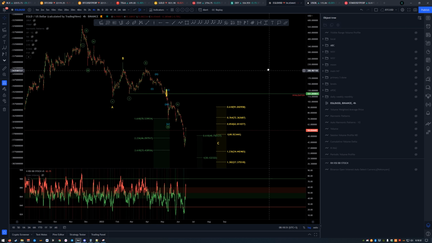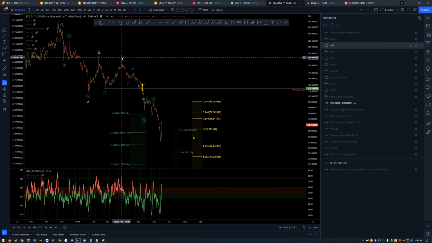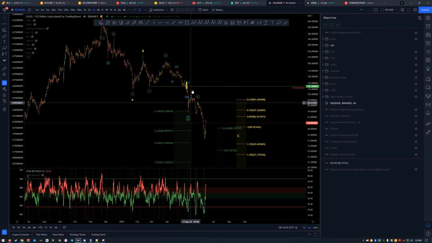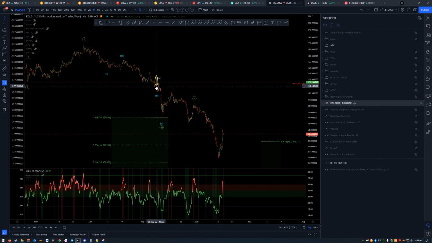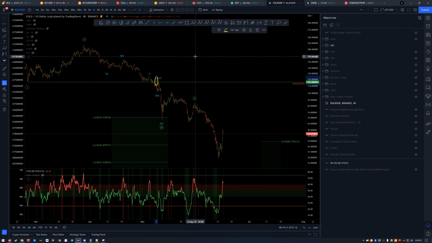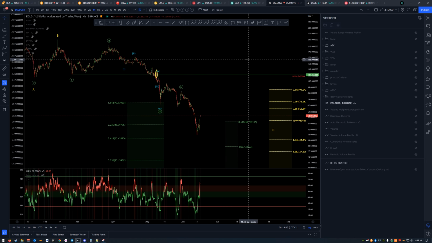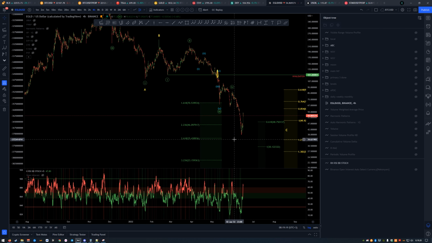Then we had this one where we had an A, B, and C, wave 2, or wave 1, 2, and 3 here. 3 is a bit complex here. We had this wick here on this chart calculated by TradingView, but again that wick is not present in other exchanges, so we can ignore it. With that ignored, we can say that we have a 5-way structure here into wave 3.